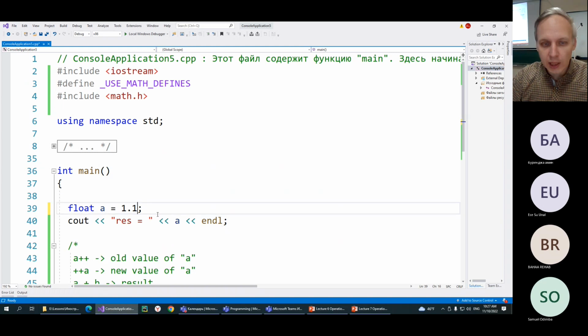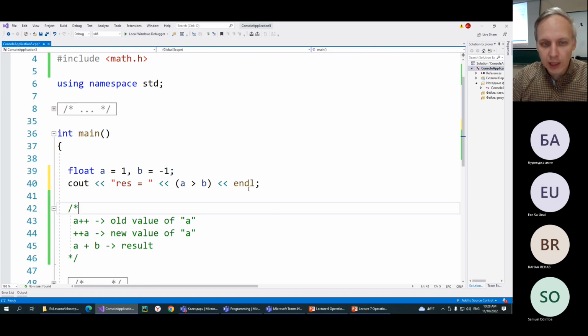Let's consider some example. Let me declare two variables, A and B. For example, A is 1, B is -1. And let's output to the screen the result of the comparison A greater than B. A is 1, B is -1.